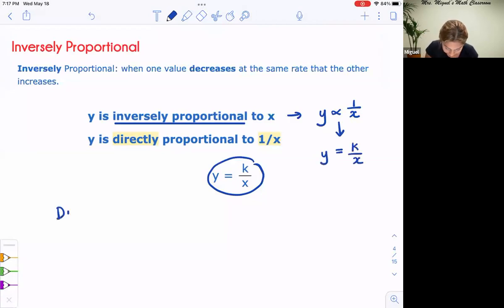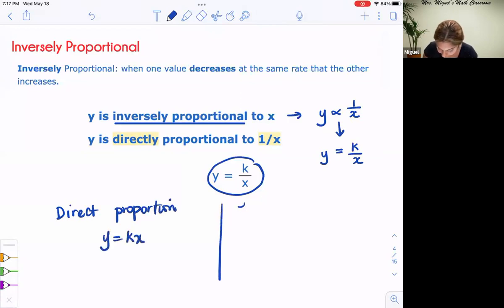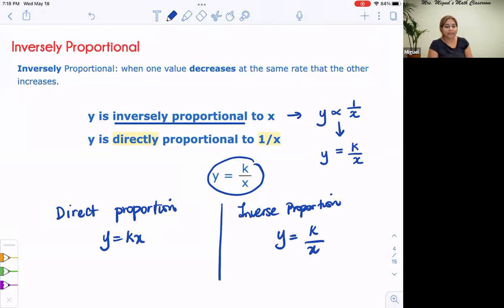So when we change this to the equal sign, we introduce k. So direct proportion, y equals kx. Inverse proportion, you can write that y equals k over x. So take down that, so you have an idea of the equation.